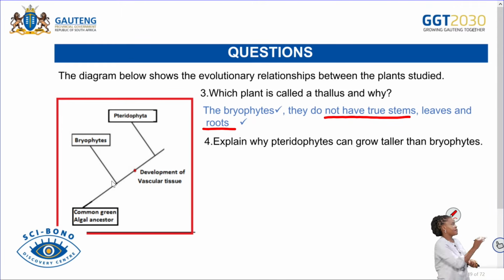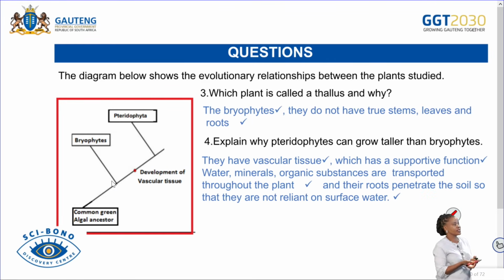Explain why Pteridophytes can grow taller than Bryophytes. I think we've explained that earlier on. It is because they have vascular tissues, and those vascular tissues give a supportive function. Water, minerals, and organic substances are transported throughout the plant.